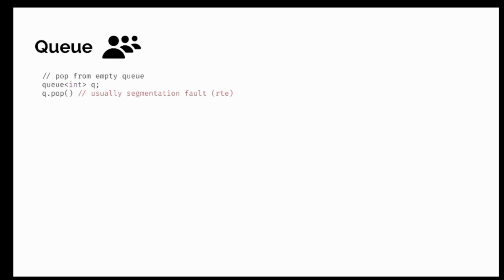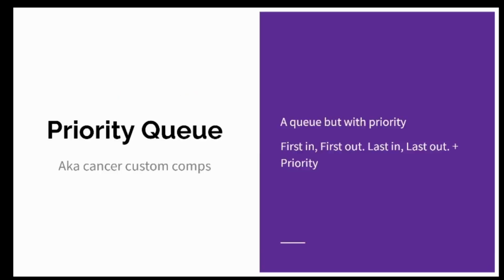Okay, if let's say your queue is empty and you try to .pop on it, since .pop has to remove an element but there's no element inside, it will result in a segmentation fault. So if you have any kind of RTE inside of your code, maybe you might want to check if you're trying to access or remove an element from a data structure when it's empty.